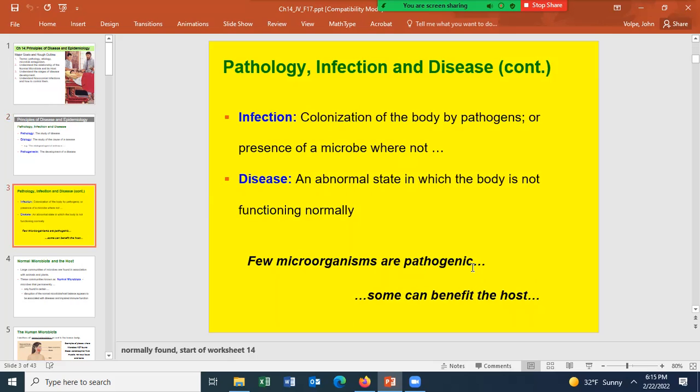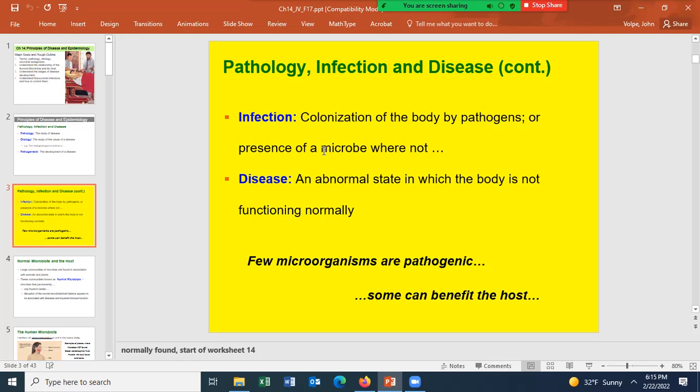Infection is colonization of the body by a pathogen or the presence of a microbe where it is not normally found. So if your body gets colonized by a pathogen, you can have an infection, which can then damage the body.